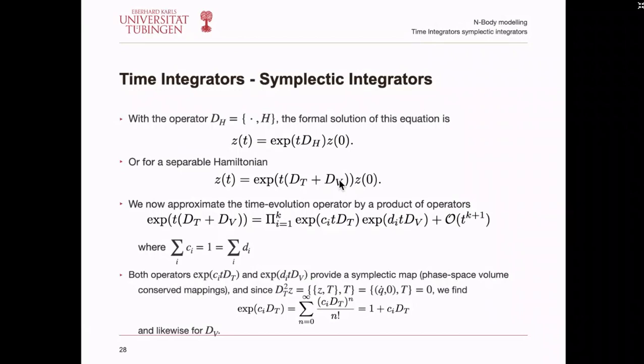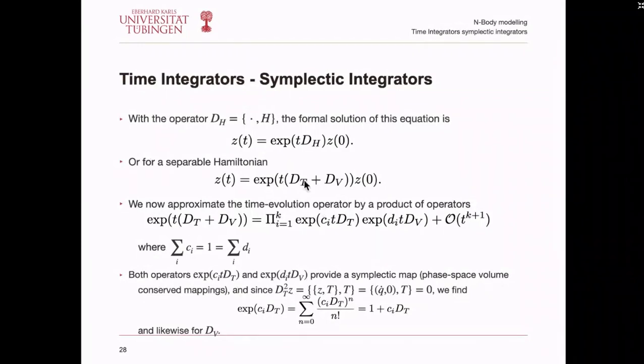Okay, so no harm done. This just uses that we have a separable Hamiltonian where the kinetic energy depends only on the velocity and the potential energy depends on the positions, or the canonical coordinates.